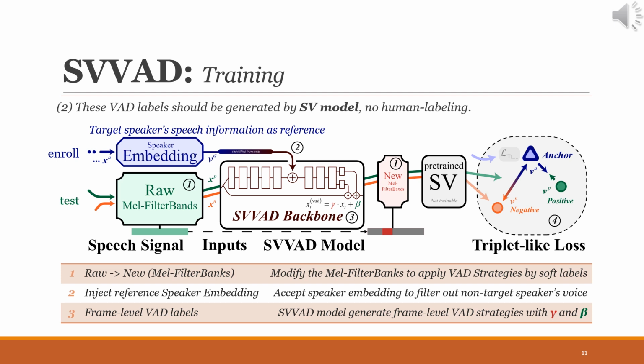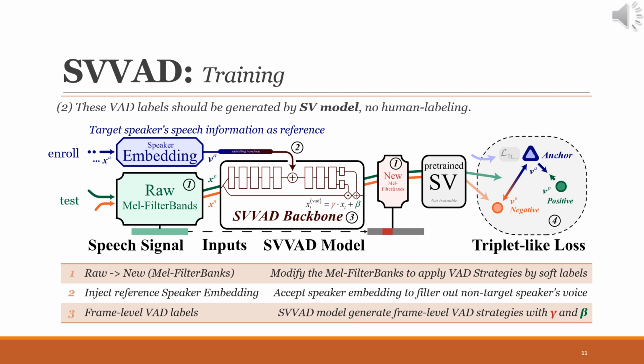For the second goal, to automatically generate the VAD label, we designed a special training method. Seen from the figure, we can know a few things. Firstly, the function of the SVVAD model is to modify the original mel filter banks to the new mel filter banks with our VAD decisions.